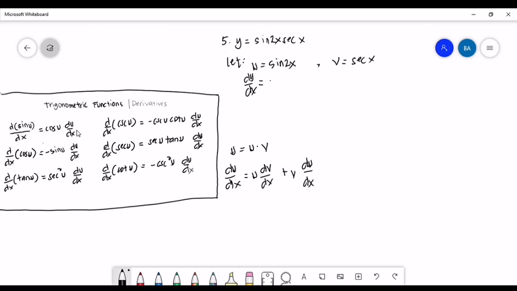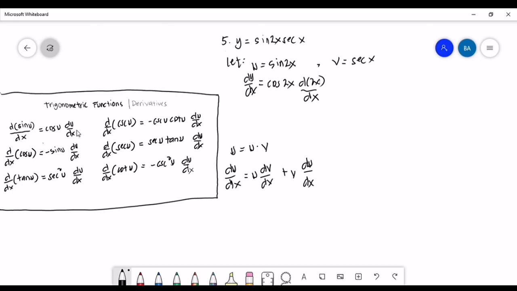So its derivative is cosine 2x times the derivative of 2x with respect to x.